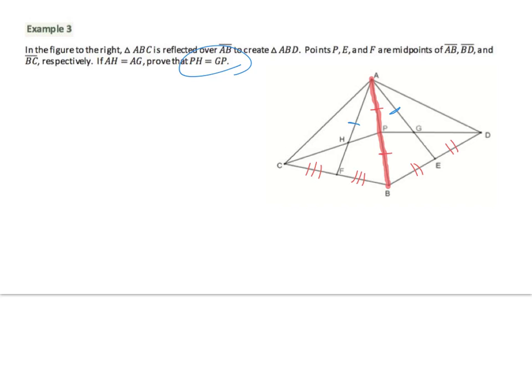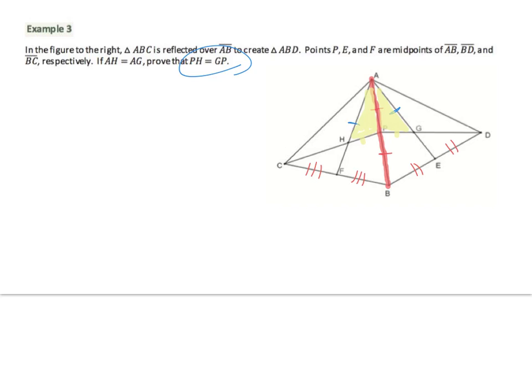Cool, let's see how we can do that. We have triangles here. I have two triangles here that it looks like I can make congruent to each other. We're trying to prove that PH is congruent to PG.